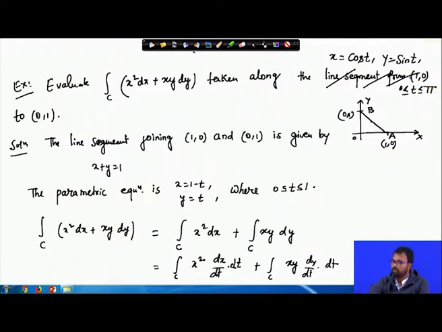Then in that case, you have to substitute x equals cos t and y equals sin t here, and then do the similar thing. So it's just about what kind of curve is given to us. It's not that complicated.